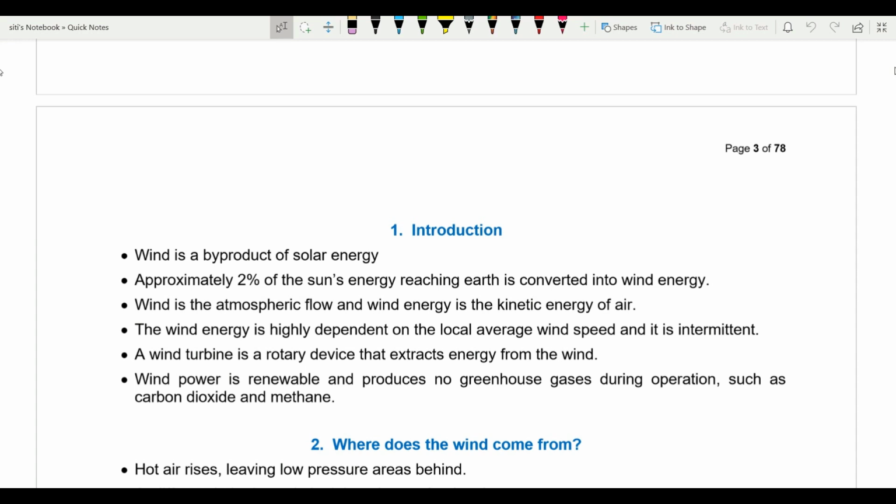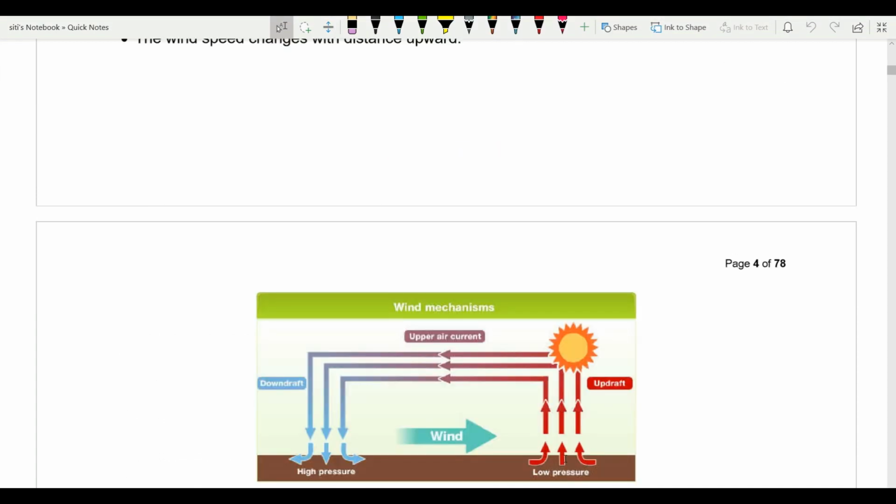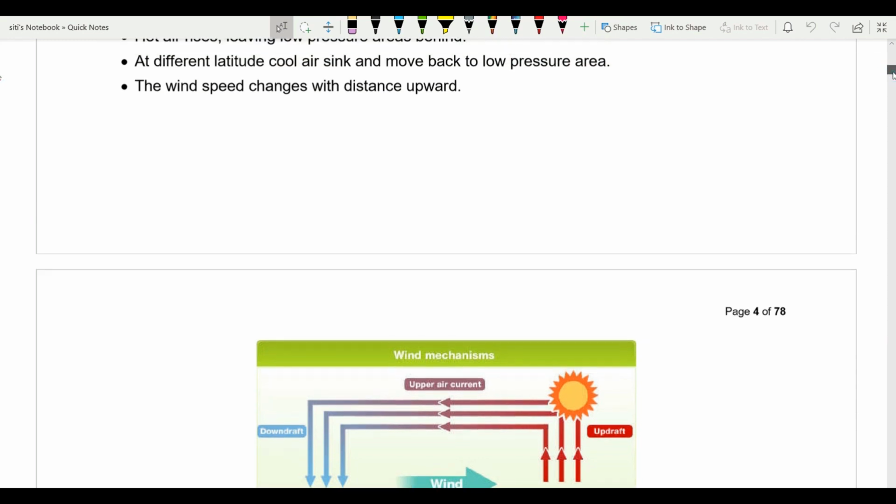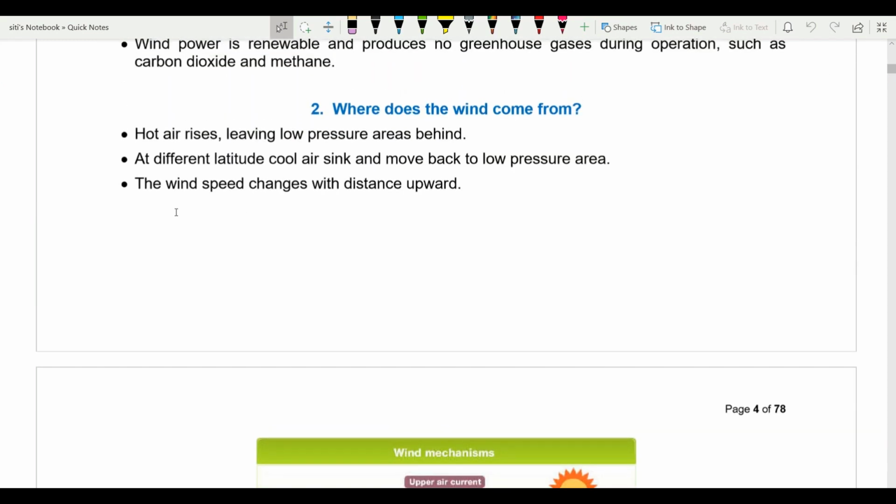Number 2. Where does the wind come from? So let's see this figure. So the hot air rises from the low pressure latitude, leaving the low pressure area behind, and goes to the high pressure latitude.